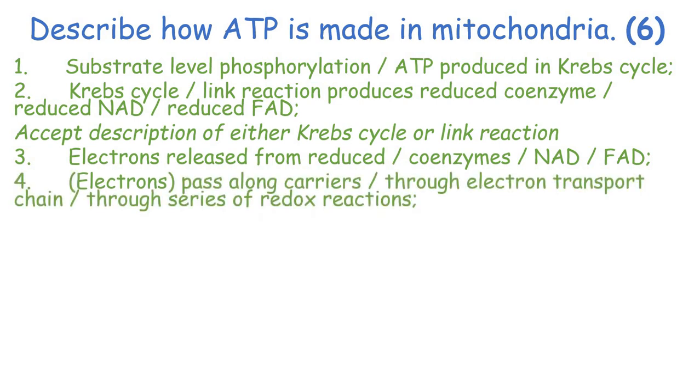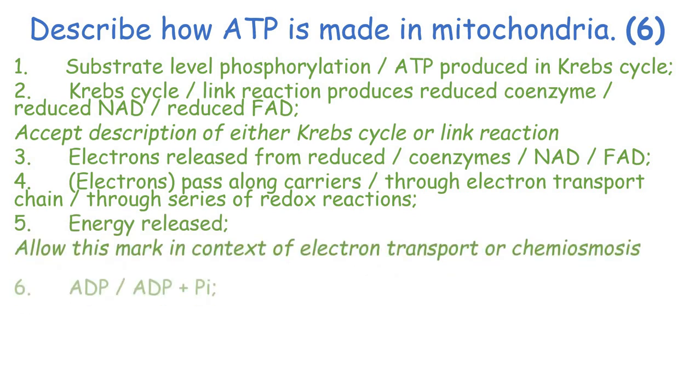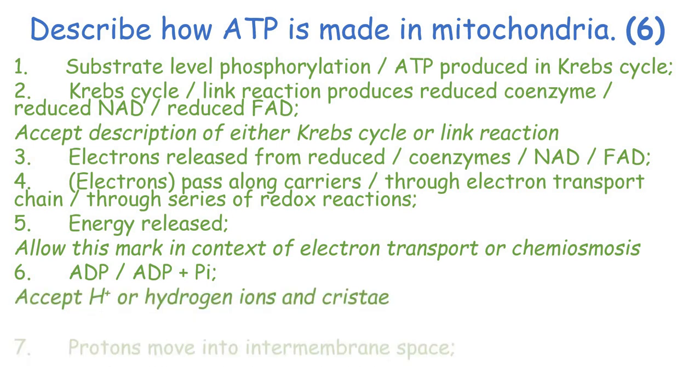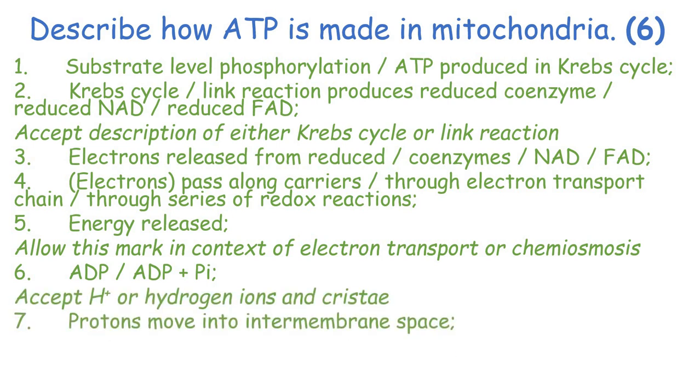These electrons pass along the carriers through the electron transport chain through a series of redox reactions. Energy is released, and ADP combines with Pi to form ATP, and protons will move into the intermembrane space via ATP synthase.